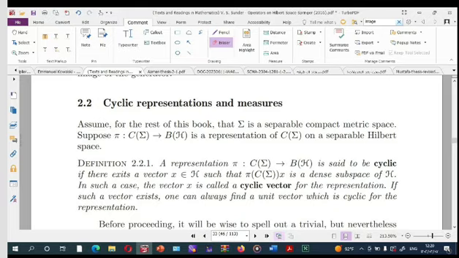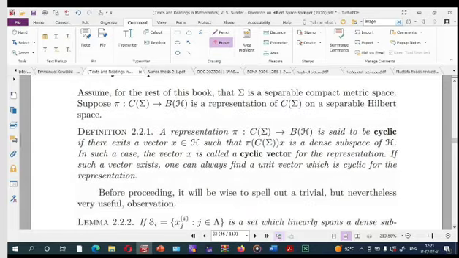So we consider this C star algebra, C of sigma, on a separable Hilbert space H. Definition: a representation P from this to this is said to be cyclic if there exists a vector x in H such that P of C of sigma of x is a dense subset of H.